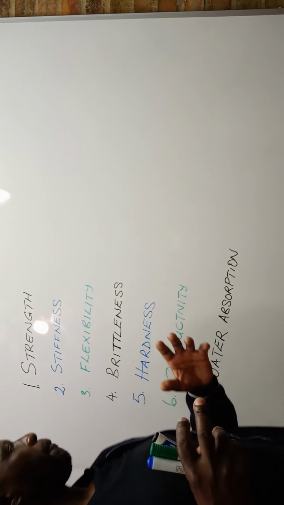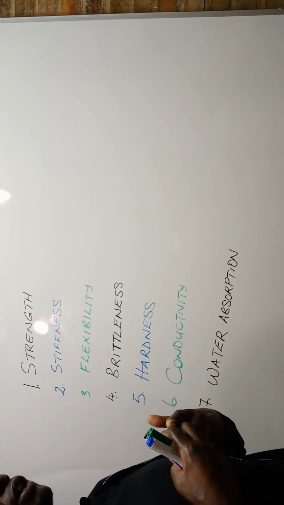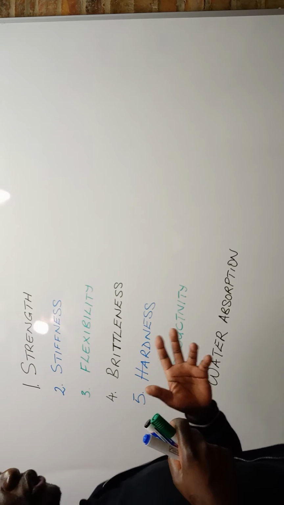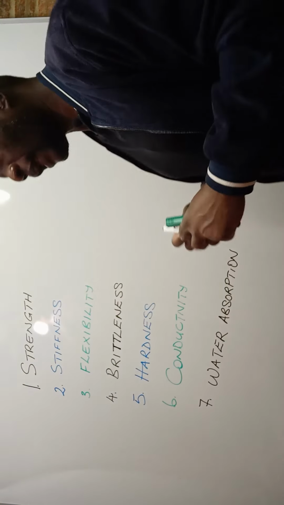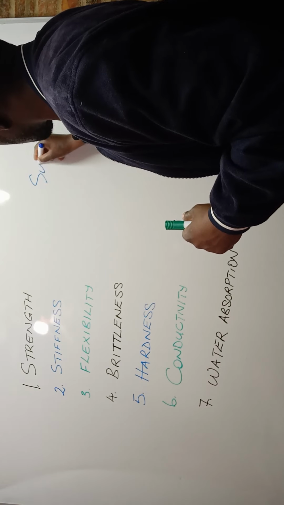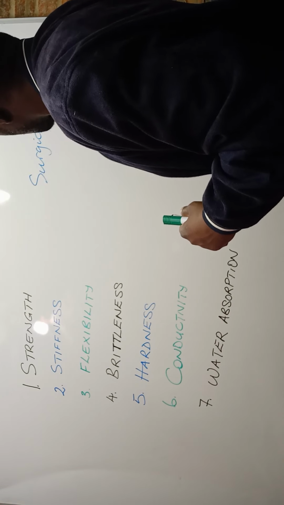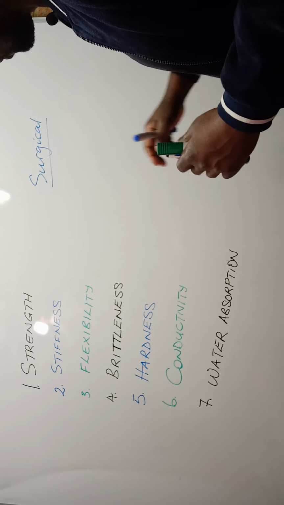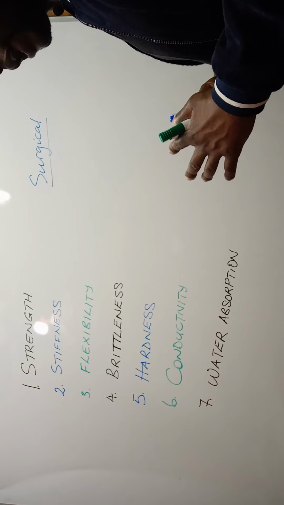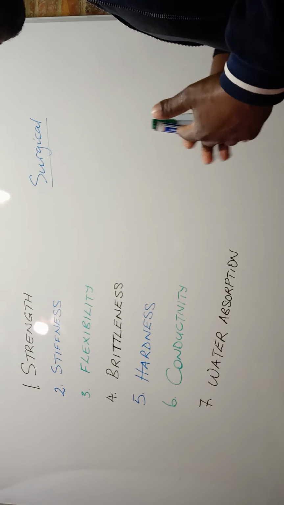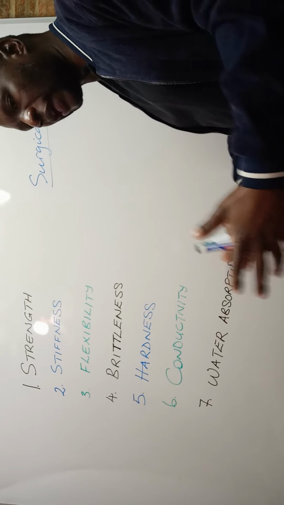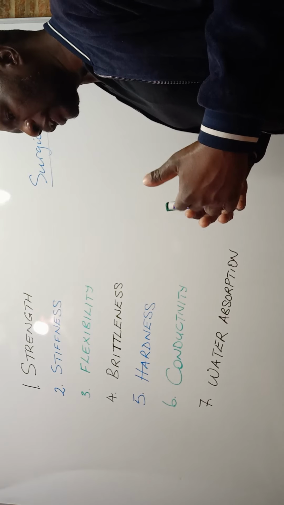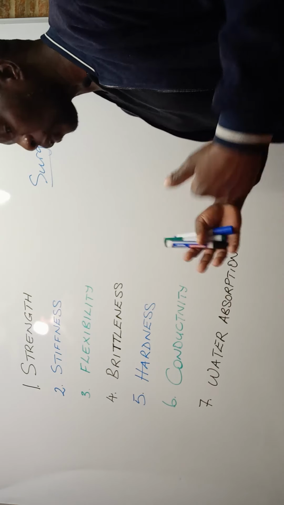Now, before you make a material, you must think of the purpose of what you want to make. Let us say you want to make surgical gloves. Surgical gloves are meant for medical personnel to be able to perform a medical activity on a patient without transmitting any disease or any virus either way.